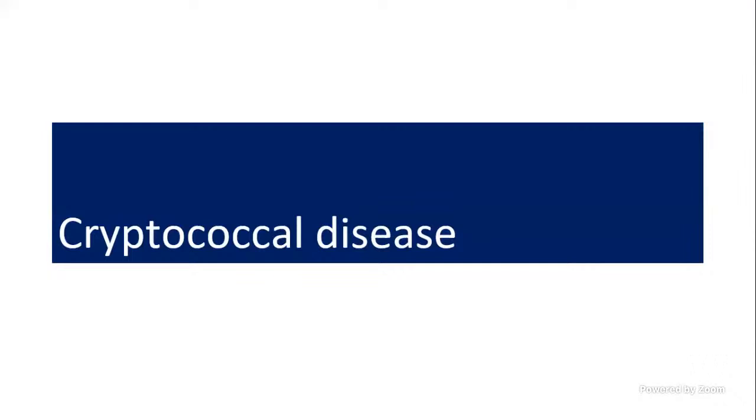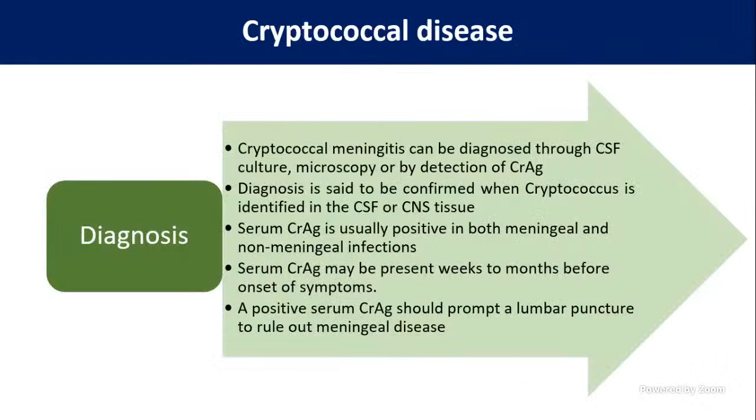So with this, we finish the first part, that is the cotrimoxazole prophylaxis. Coming to cryptococcal disease. Next slide. Here we look at how we diagnose. Cryptococcal meningitis is diagnosed through CSF culture microscopy, or by detection of cryptococcal antigen in CSF, or you also have an India ink preparation.